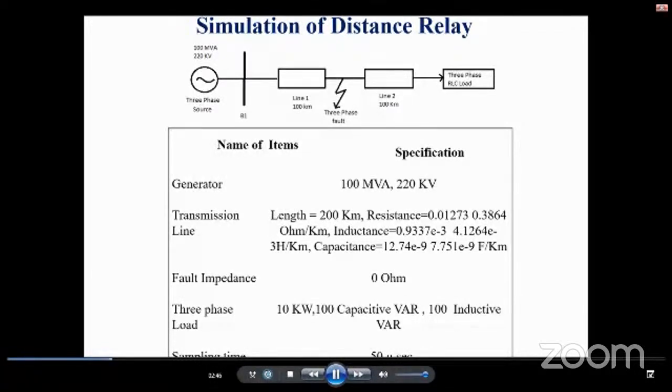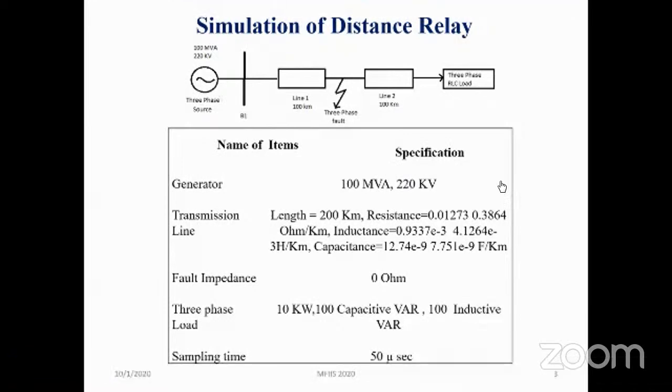Then double line short circuit faults, AB, BC, CA. Double line to ground faults, ABG, BCG, CAG. Then triple line or symmetrical three-phase short circuit faults. All the faults have been simulated in steps of 10 km from the bus B1.